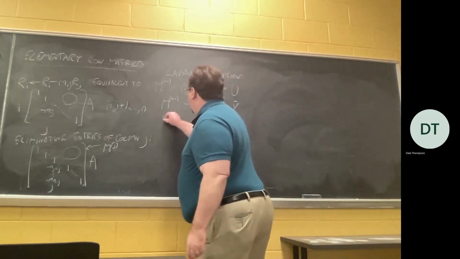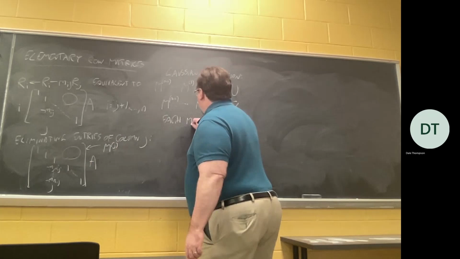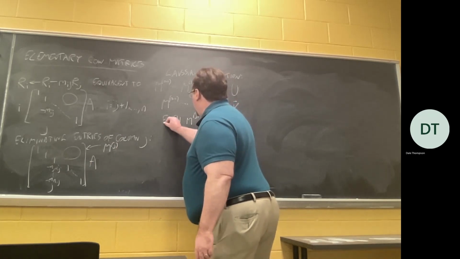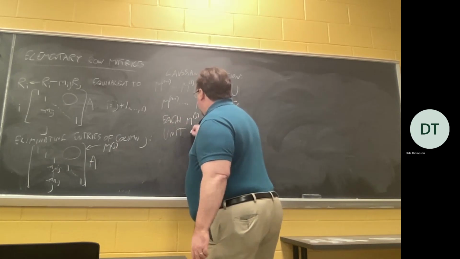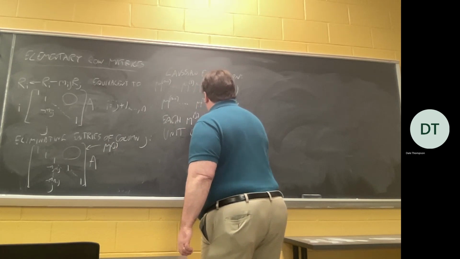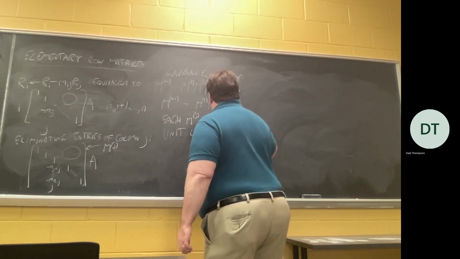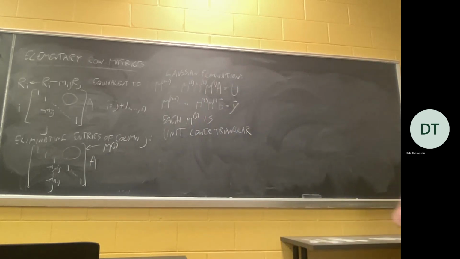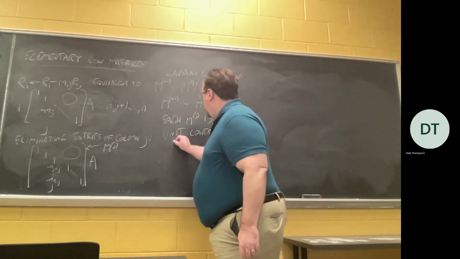So each MJ is what's called unit lower triangular. So a unit stems from all the diagonal entries equal to 1.